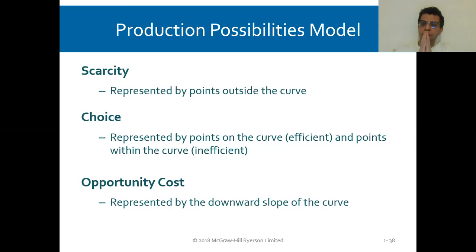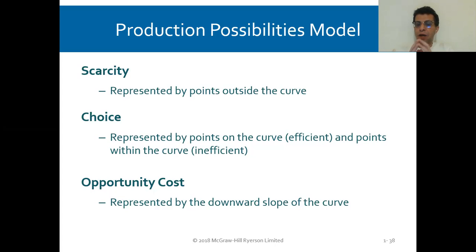Now, the production possibility model is driven by scarcity. A point outside the curve is unattainable. We'll explain later on how you can attain it. The choice is represented by points on the curve, where we said 50 cars and 60 tons of wheat. It's a choice, a combination. 100 wheat, 0 cars is also a choice.